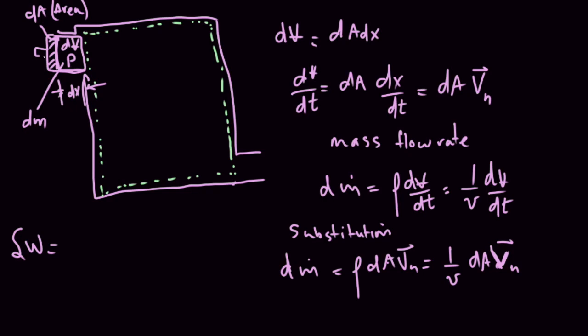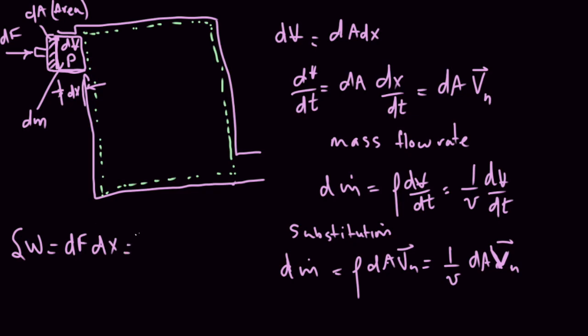Let's imagine that we're pushing this little pink control volume through the control surface by means of this piston, with a force here to push it through. We're going to call that force dF. So the differential amount of work required to push that little volume through the control surface is equal to dF dx, the infinitesimal distance to push it through.